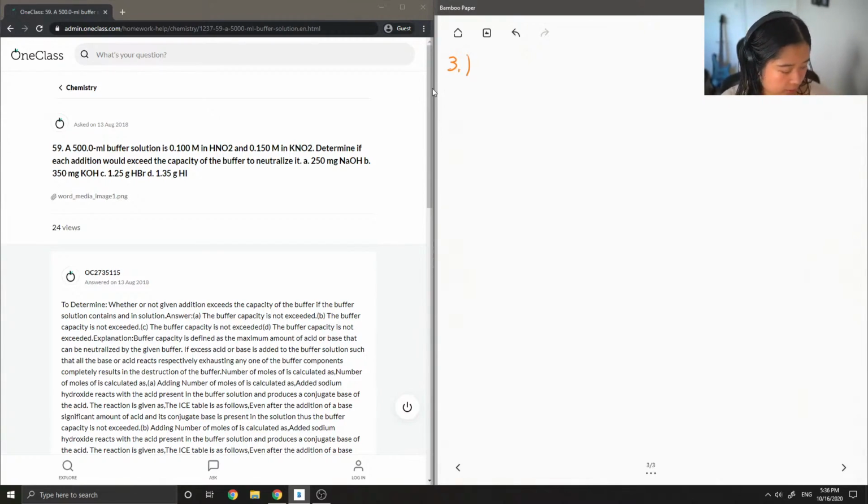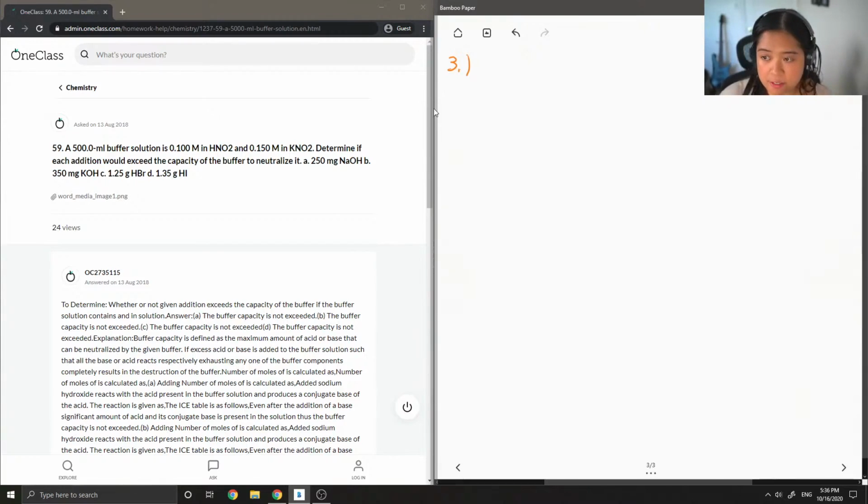Okay, so let me just write down everything that we know. So we know the volume of the buffer is 500 mL. I'm going to convert that to 0.5 liters.